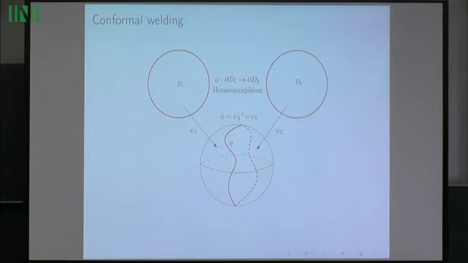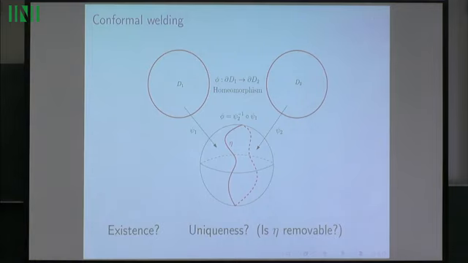So for this conformal welding problem, first we need to ask, does such a conformal welding exist when we are given such a phi? And the second question is, if it does, is it unique? Of course it is unique up to conformal automorphism of the Riemann sphere.